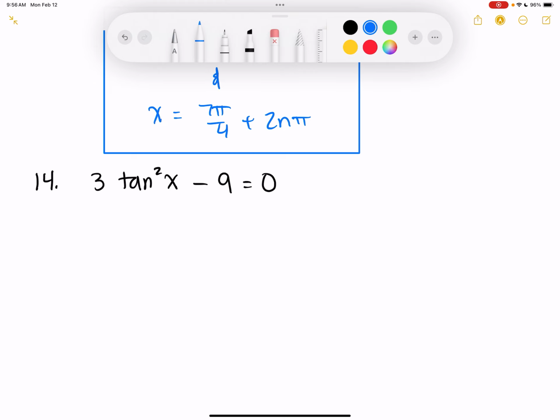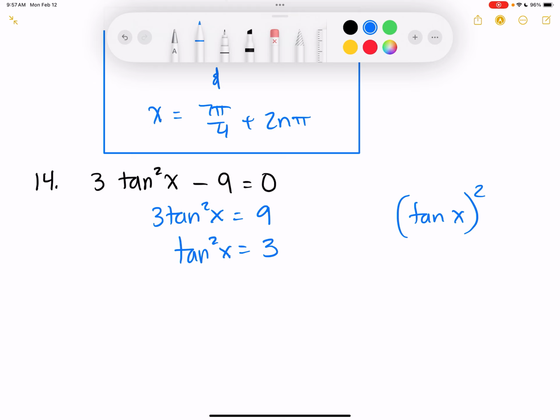Add 9, so 3 tangent squared of x equals 9. Divide by 3, so tangent squared of x equals 3.